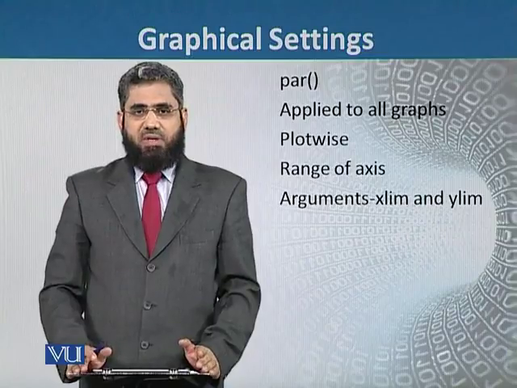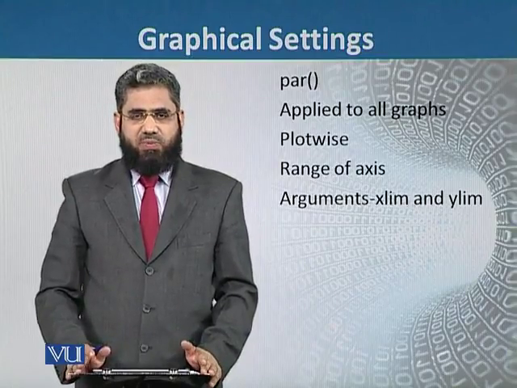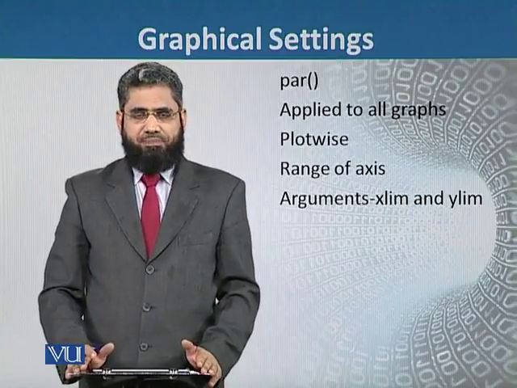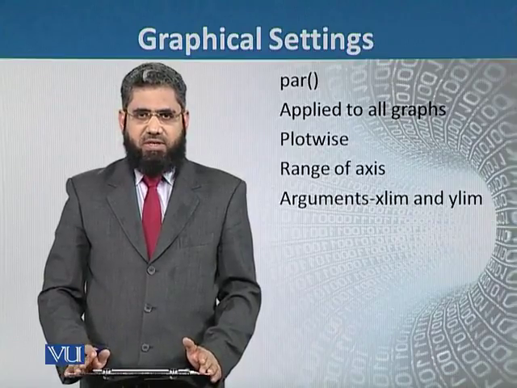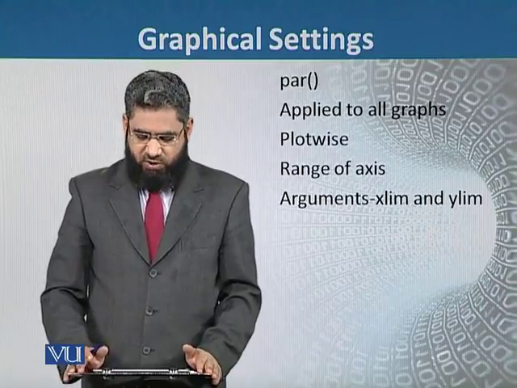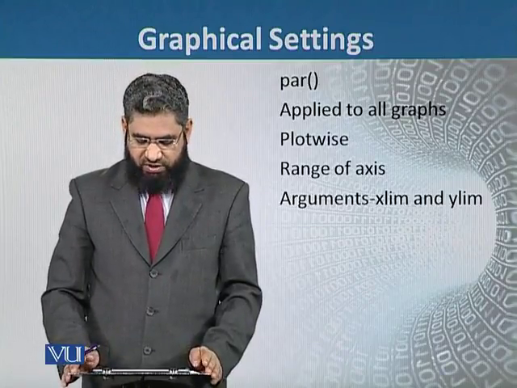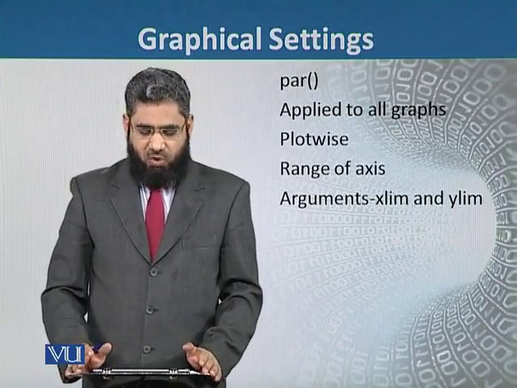These arguments take into account the values present in the two vectors for the x and y axes, taking the lowest value from one vector and the greatest from the other, and they can change the values within the plot that is already present.